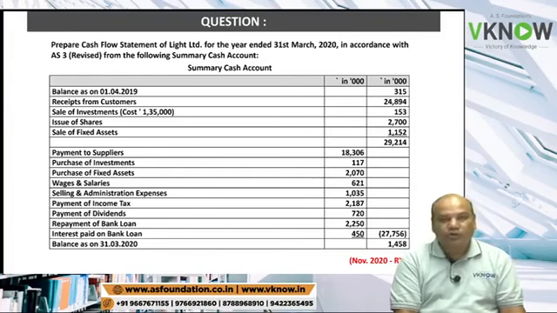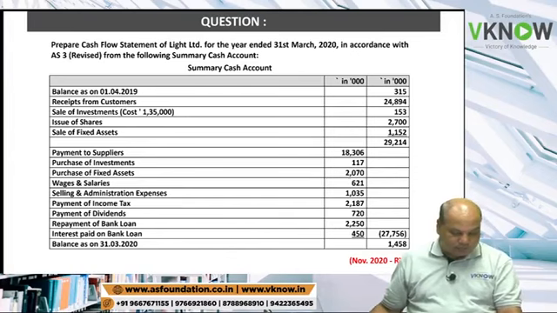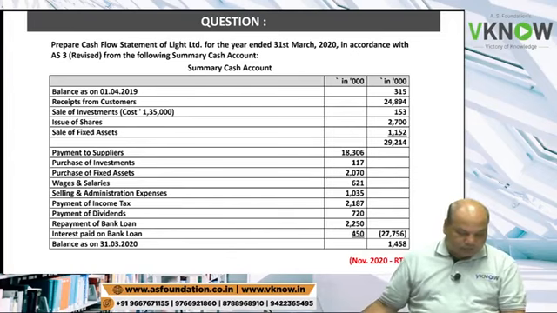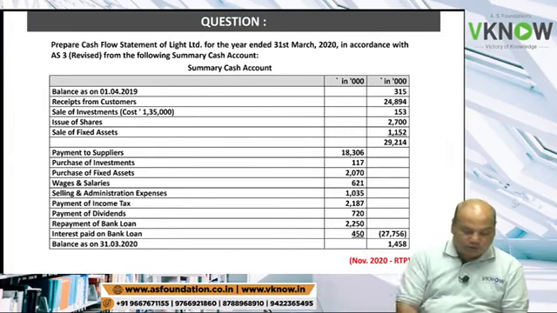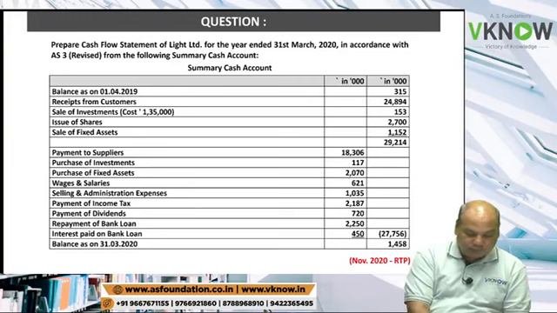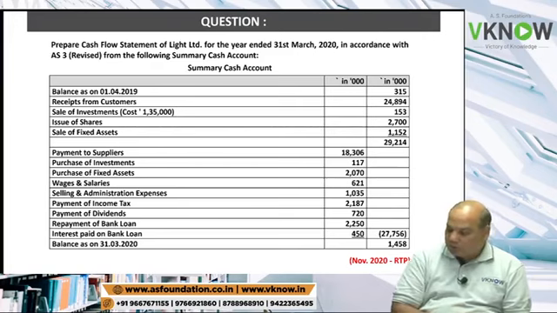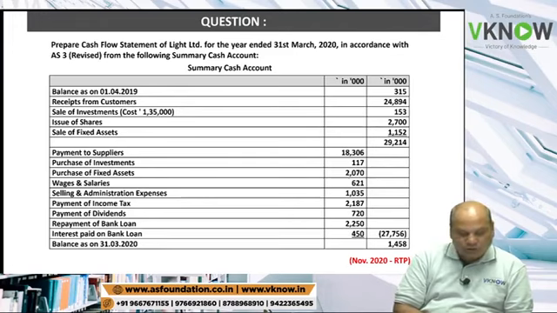Balance as on 1st April 2019: in the second column write 315.